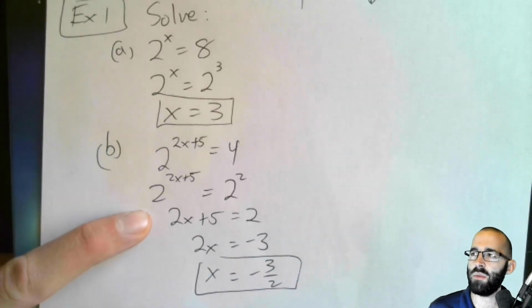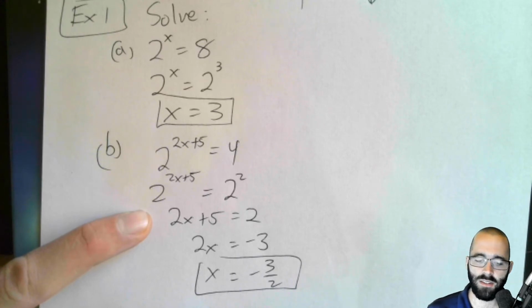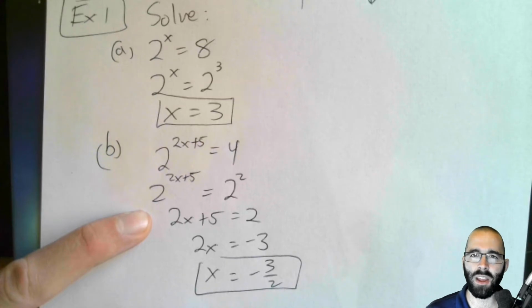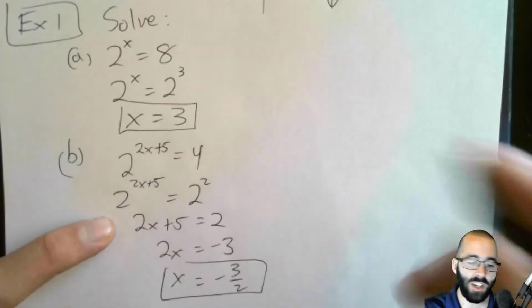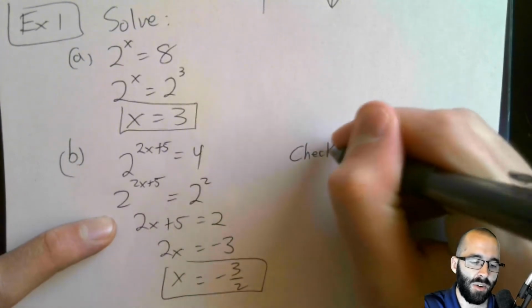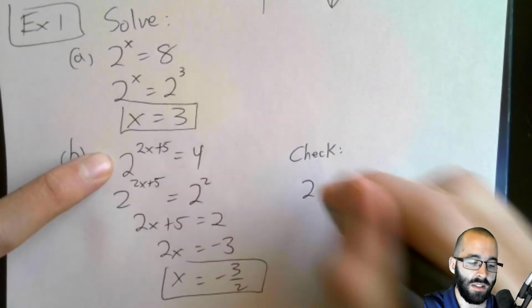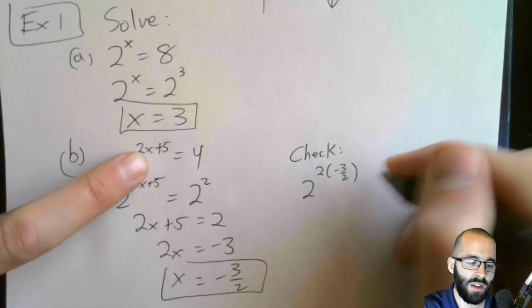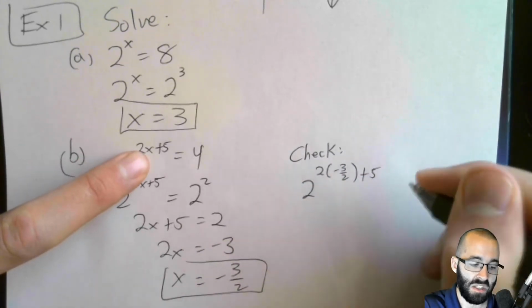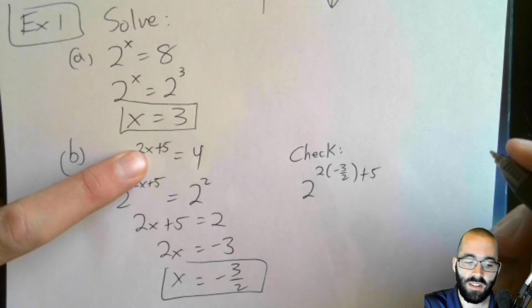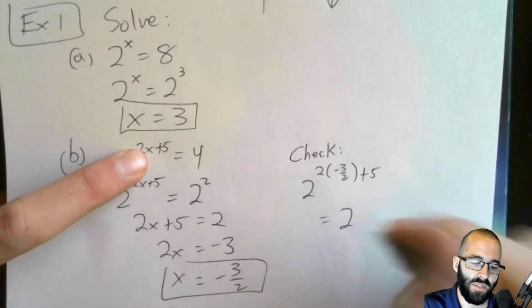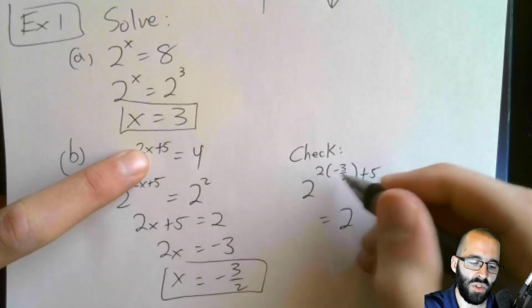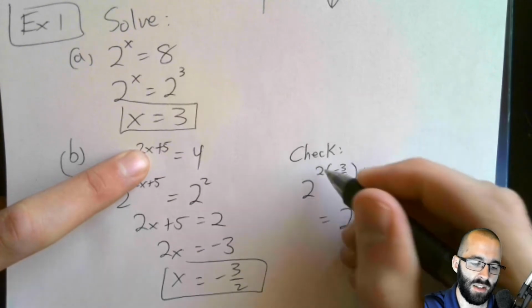When you're solving a problem like this, don't just trust, don't believe in yourself, okay? I'm going to be anti-Disney today. Don't believe in yourself. Check your work. Let's see if we're right. Is 2 raised to the 2 times negative 3/2 plus 5 equal to 4? So let's simplify. This is going to be 2 raised to the exponent 2 times negative 3/2. The 2's cancel.